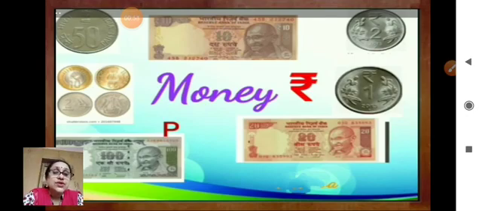After purchasing it, what do you have to give to the shopkeeper? You have to pay money. So for buying things, we have to pay money to the shopkeeper.